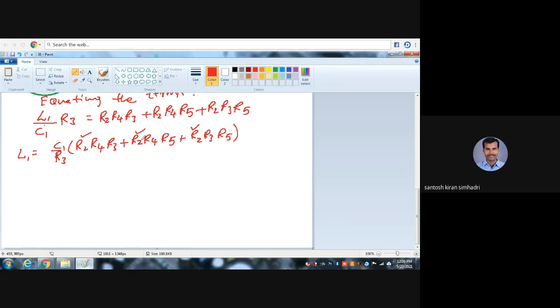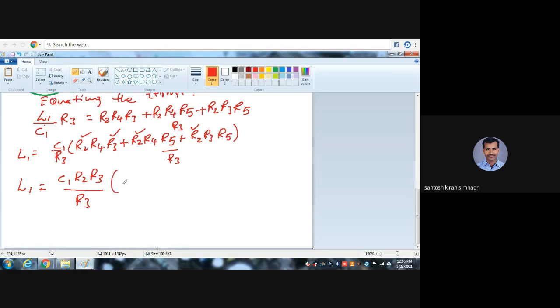If you take R3 as common, but here R3 is not there, I will multiply R3 and divide with R3. Okay, I will check it. Then L1 equals C1 into R2 into R3 by R3.